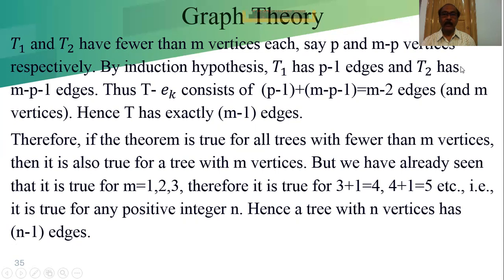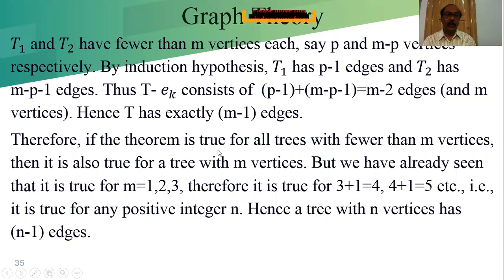Both have m vertices together. Hence, if we add the edge Ek again, joining the vertices Vi and Vj, we will get T. Before that, for T1 and T2 we have m minus 2 edges. For T, we add the edge Vi and Vj, so one edge is added, and now we have m minus 1 edges.